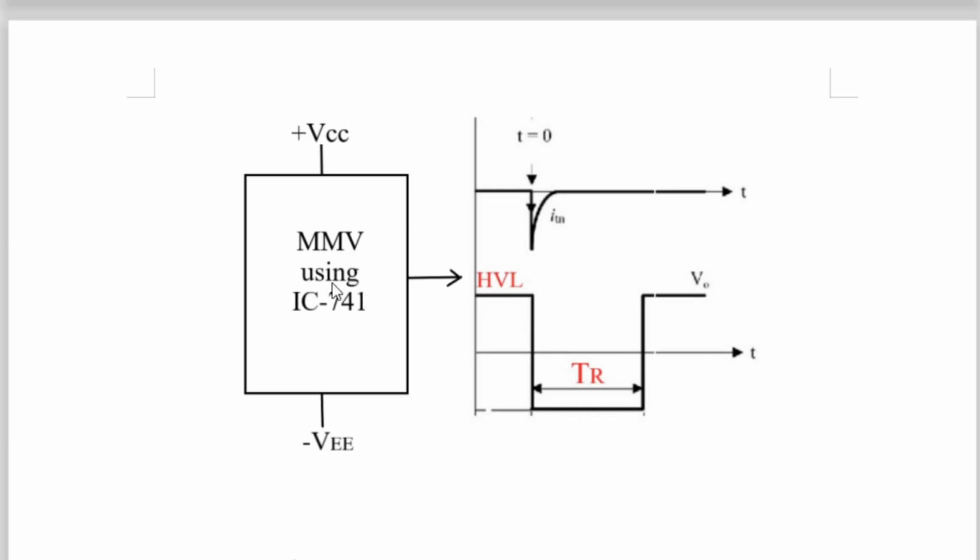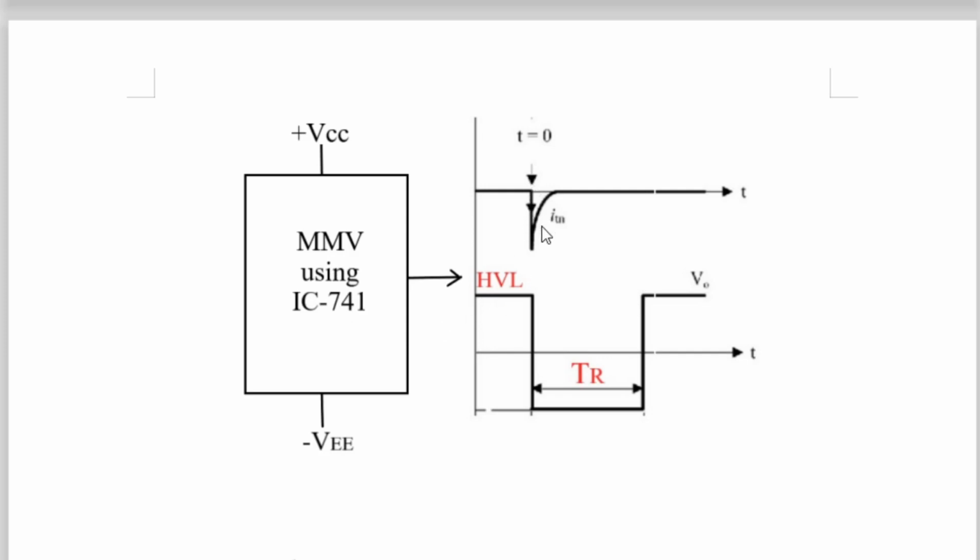But as the name suggests, monostable, the output will not remain in the LVL state permanently. It will come back to its original state after some time, and that time is called T return. R means return. So this explanation from the block diagram shows that a monostable multivibrator circuit designed by IC741 initially has its output at a high voltage level.